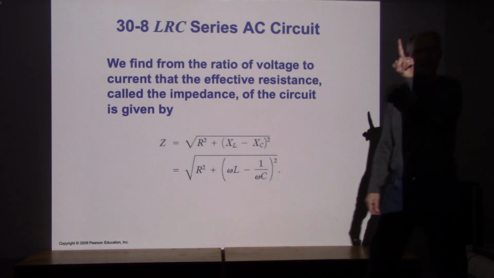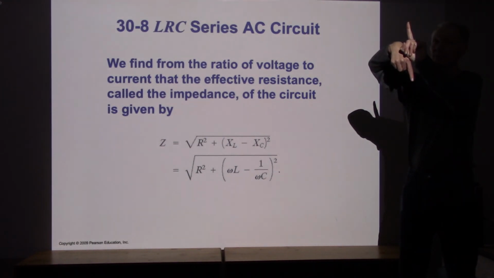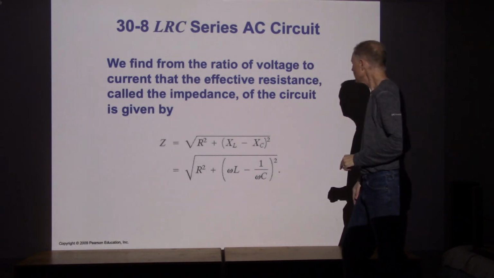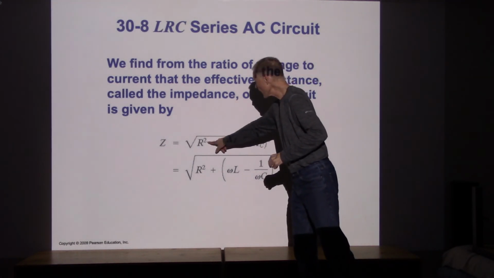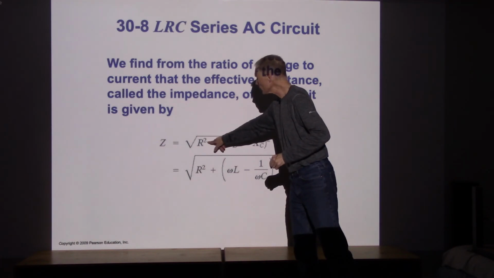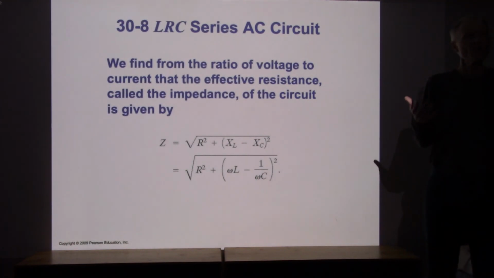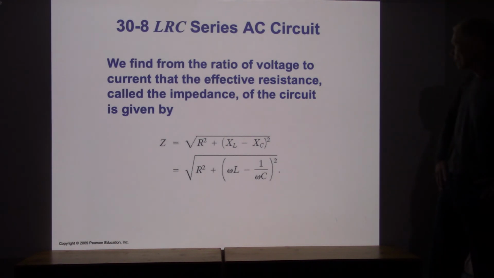If I represent XL vertically upwards and XC vertically downwards, I can cancel those two numbers, and we do that by taking a minus sign. Then I'm going to square that value, and then using Pythagorean's theorem, I'll square the R, take a square root, and get the overall impedance. That's how we get the overall impedance in an AC series circuit with resistance, capacitance, and inductance.